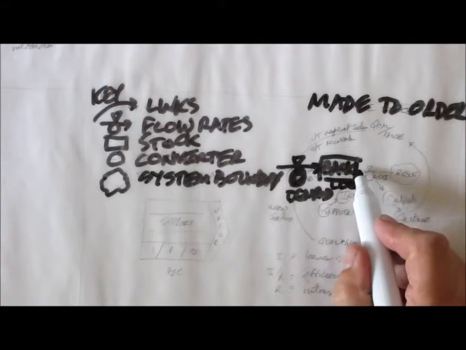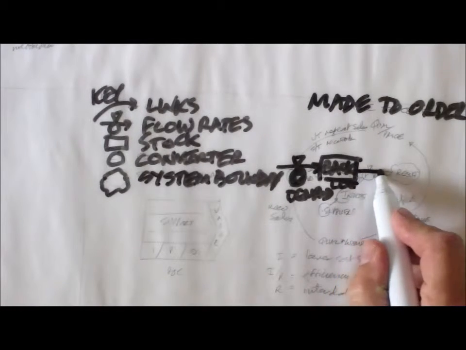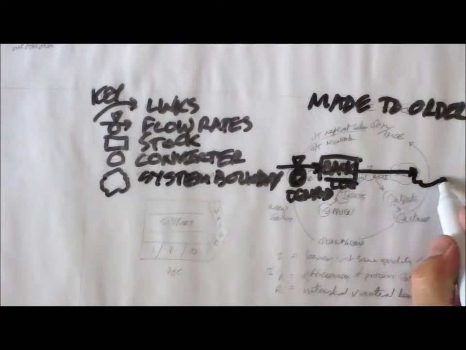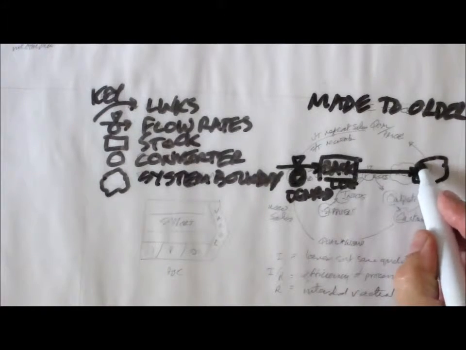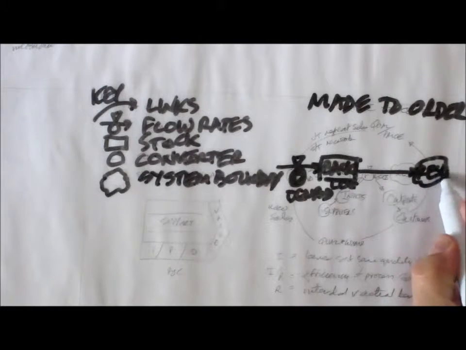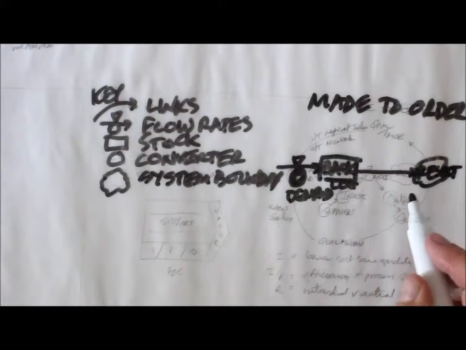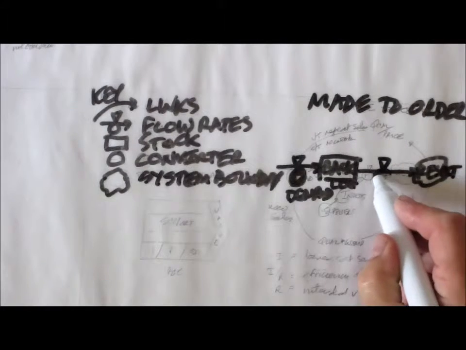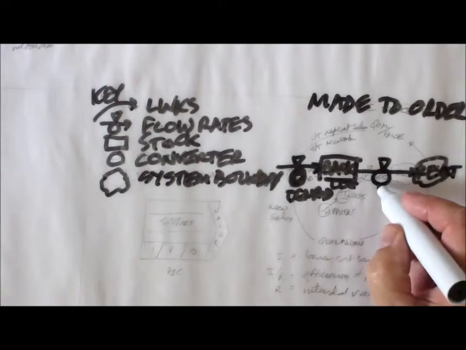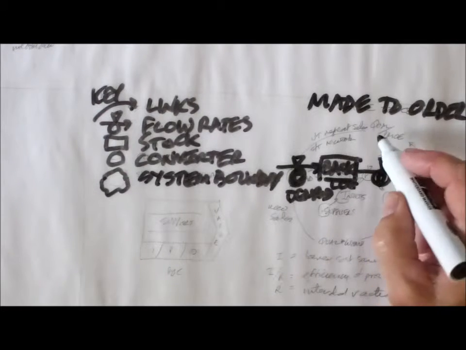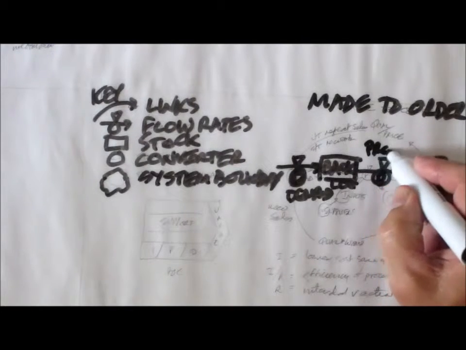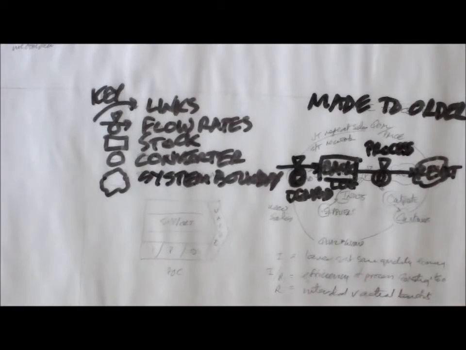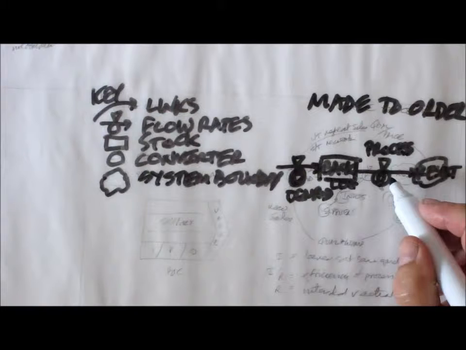We then have an outflow to what we call results, and the process, which we call P, is there, that converts the orders into results for customers.